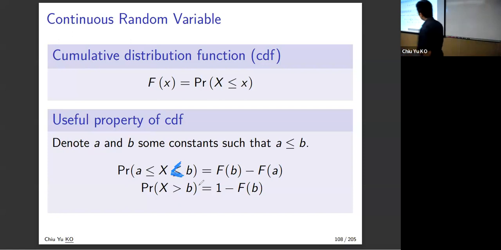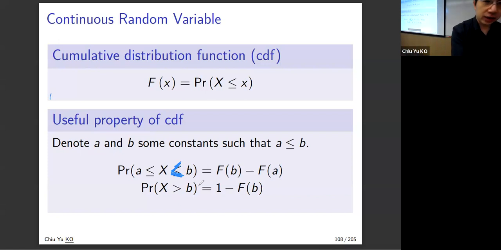Because this is what the addition rule said, right? Let me write that down because some of you may not be aware of what I'm writing. This is the probability x less than b, and this is the probability x less than or equal to a.